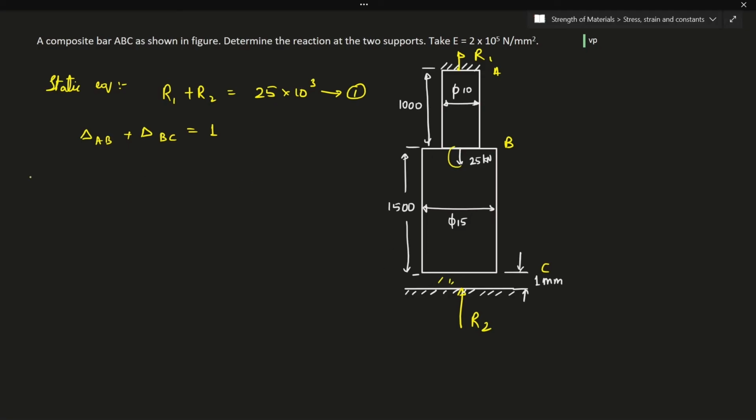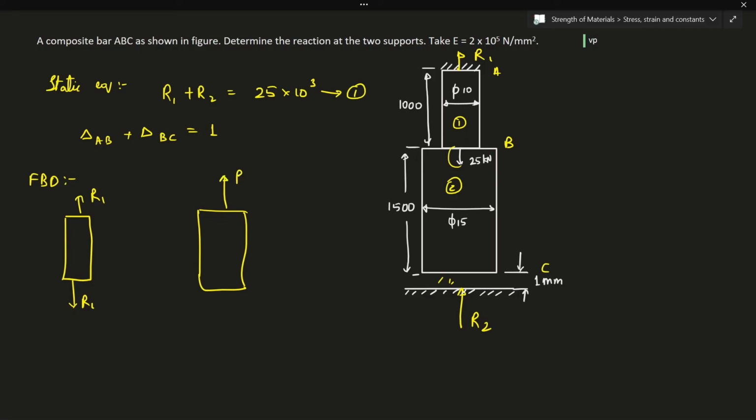Right, so now if I write the free body diagrams, I have for the body 1, I'll call this 1 and I'll call this 2. So for body 1, I have something like this. So this is R1, right? So for body 2 again, the load will be R1 minus 25,000.